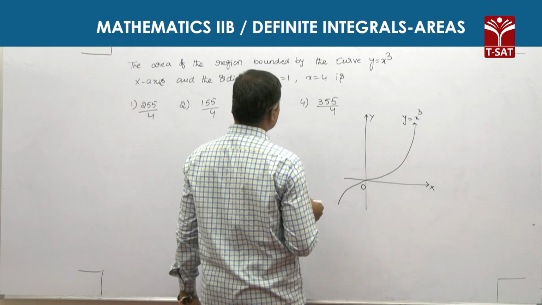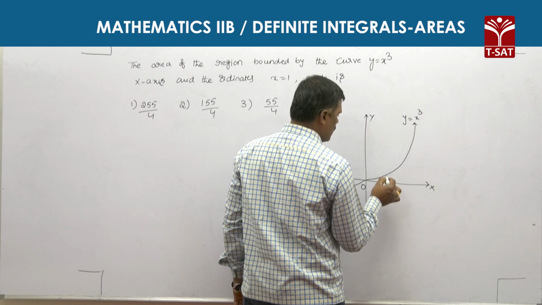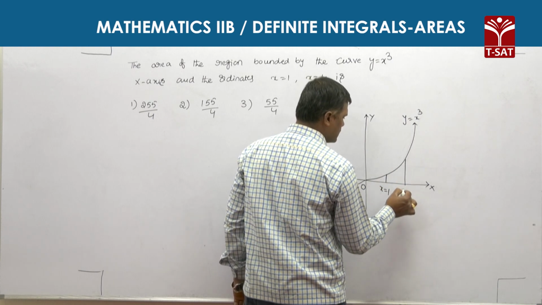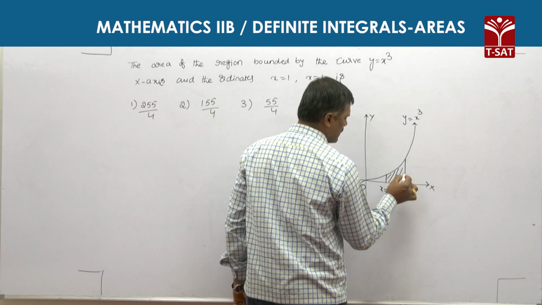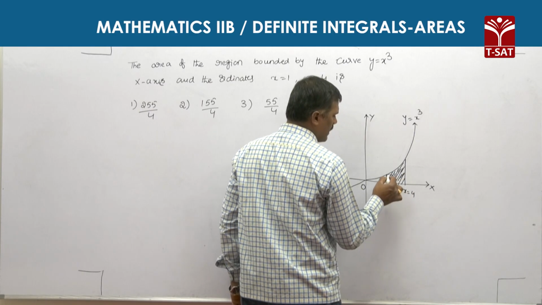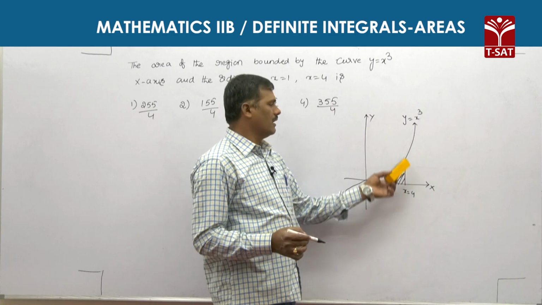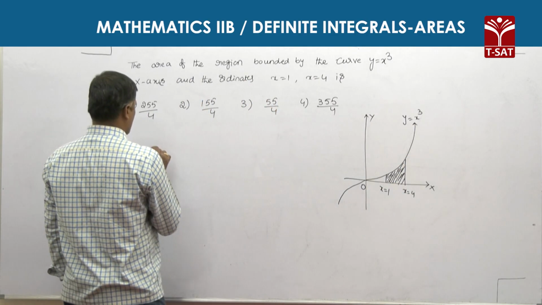And the ordinates x is equal to 1 and x is equal to 4. To find the area of this region between the lines x is equal to 1, so x is equal to a, and x is equal to 4, so x is equal to b.